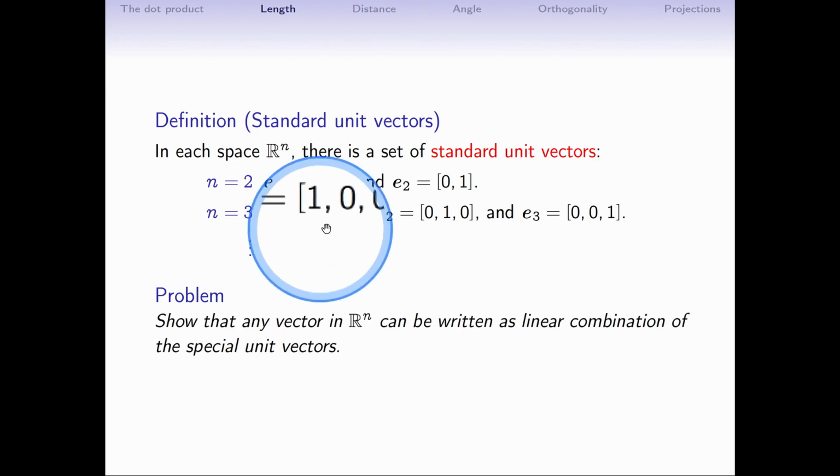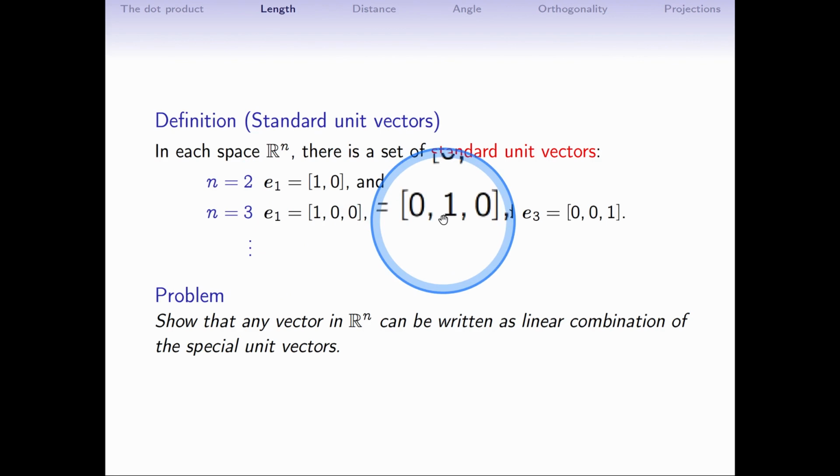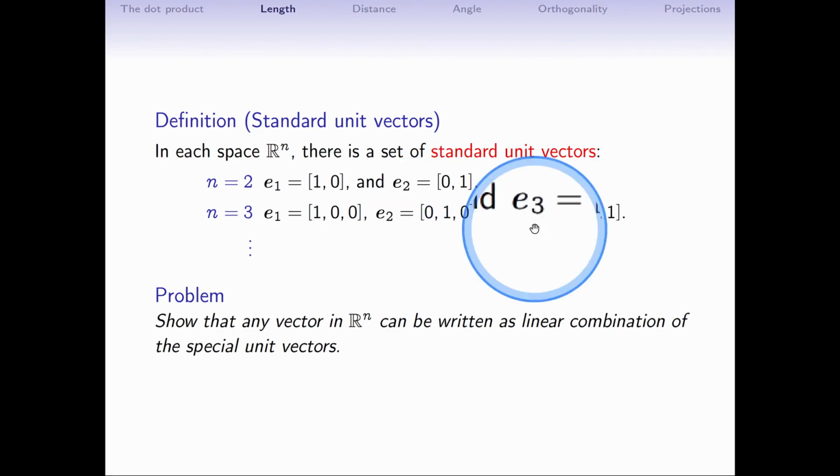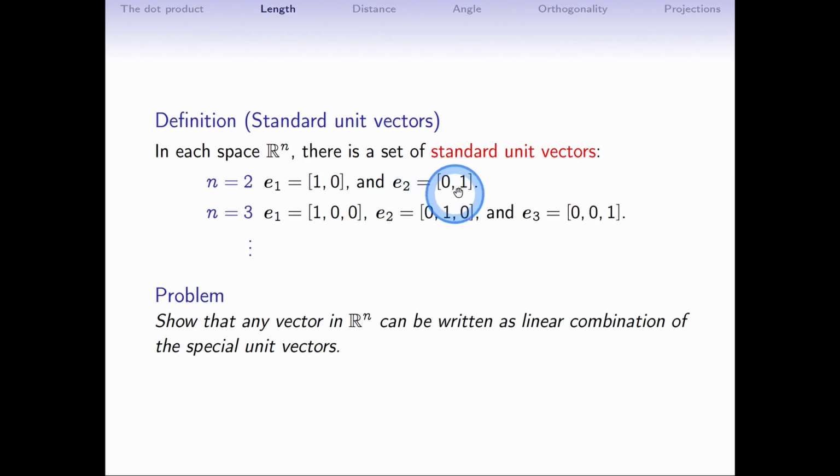E1 is of the form 1, 0, 0. E2 is of the form 0, 1, 0. And E3 is of the form 0, 0, 1. So hopefully you can see the pattern that's being set up here, right? The subscript of the vector E is telling you in which component there's a 1, and all of the other components are 0. So in both cases, in both E2s, we have a 1 in the second component, and all of the other components are 0.